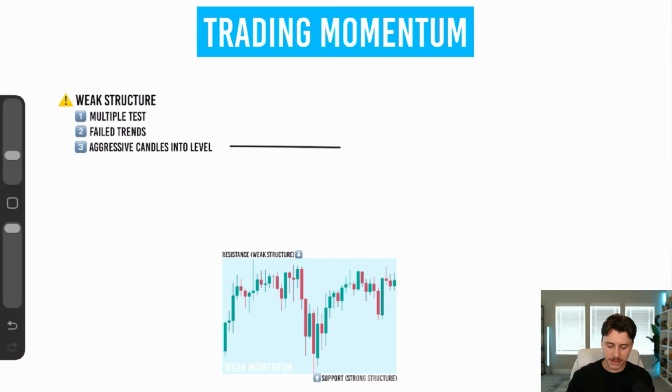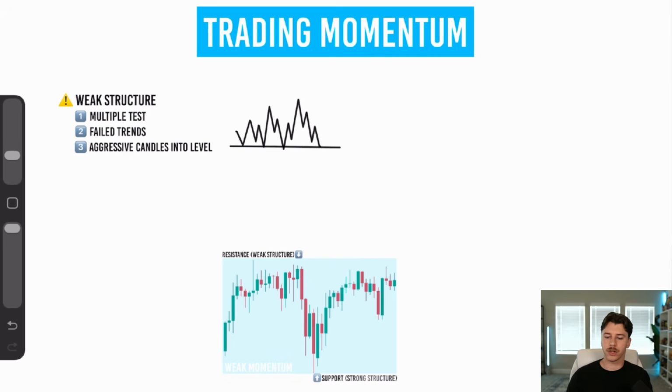So first, we're going to see that this level has been tested multiple times. 1, 2, 3, we'll say 4 times this level has been tested, and it still hasn't broken. So as of now, it's acting as a level of support, but it has a high likelihood to break. Multiple tests show that the level is weak. Second, we have failed trends. Price is unable to sustain higher prices.